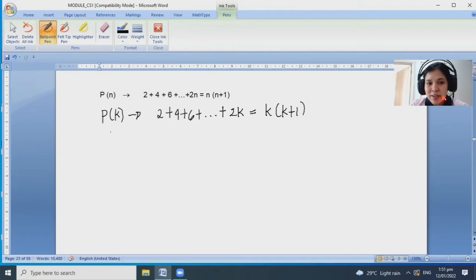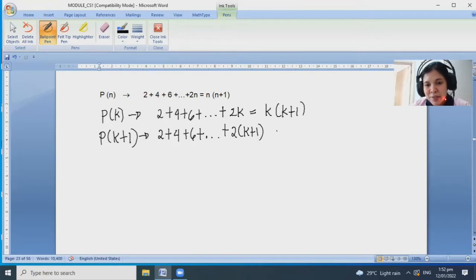Then afterwards, let us now check if P of k plus 1 is true. Replace n by k plus 1. Copy again, 2 plus 4 plus 6 plus, and so on and so forth, plus 2 times k plus 1, is equal to, in here, all the n we replace with k plus 1.